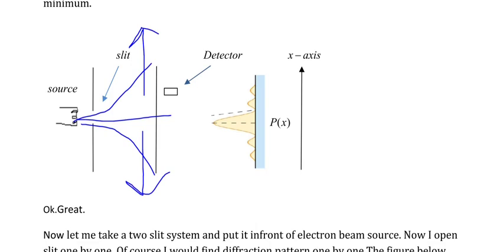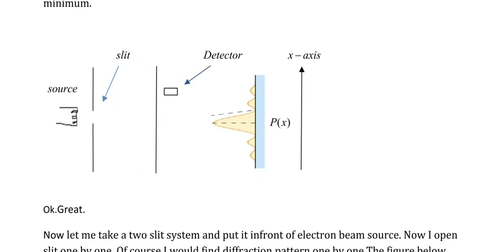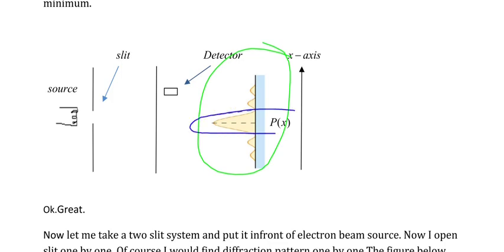Okay, so they behave as a wave, and some electrons go up, some electrons go down, and the maximum number of electrons go straight, and they form a diffraction pattern. You see this diffraction pattern, what does it say? It says that you can find the maximum number of electrons at the center of the screen.